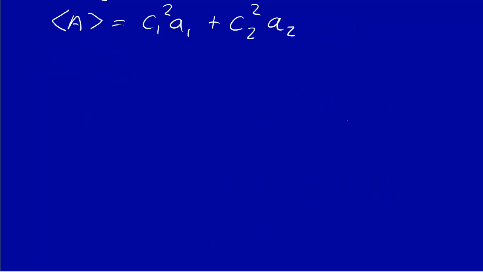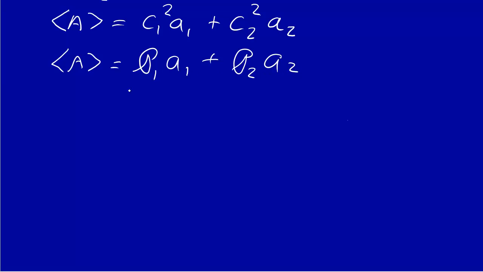We now say that if we use a probabilistic determination of what A is, the value of A will be the probability of actually measuring that value of A, P1 times A1, plus the probability of measuring the second value times A2. So this would be the weighted average of what you're going to measure.